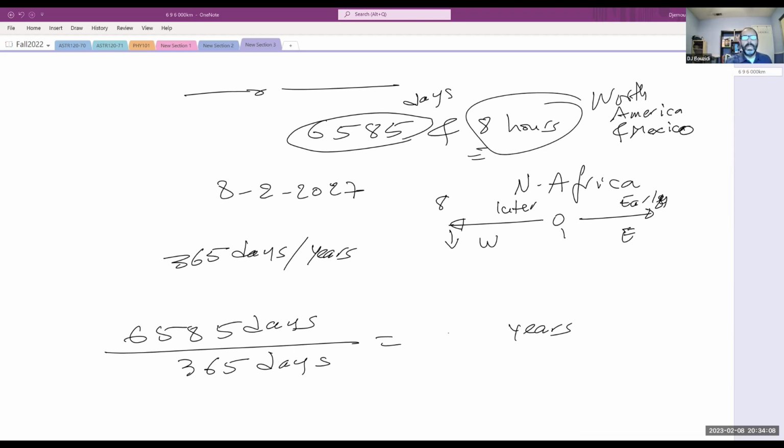I'm going to stop sharing and do the math, because we need to do 6,585 divided by 365. Let me put the calculator in here and share the calculator.